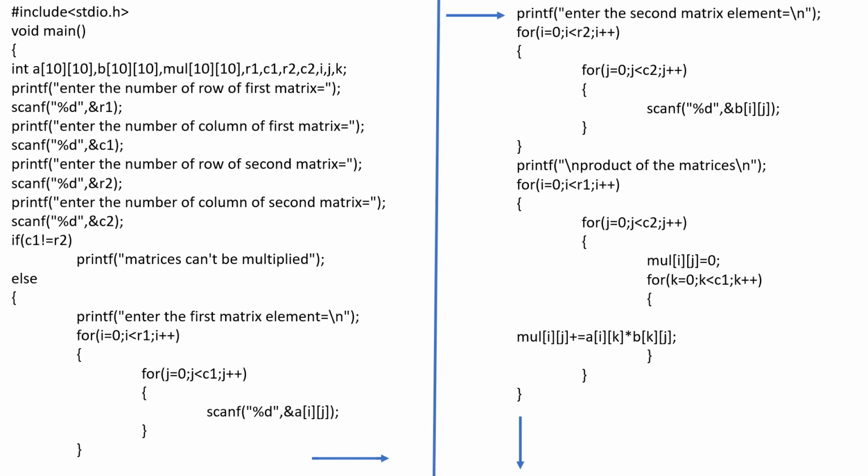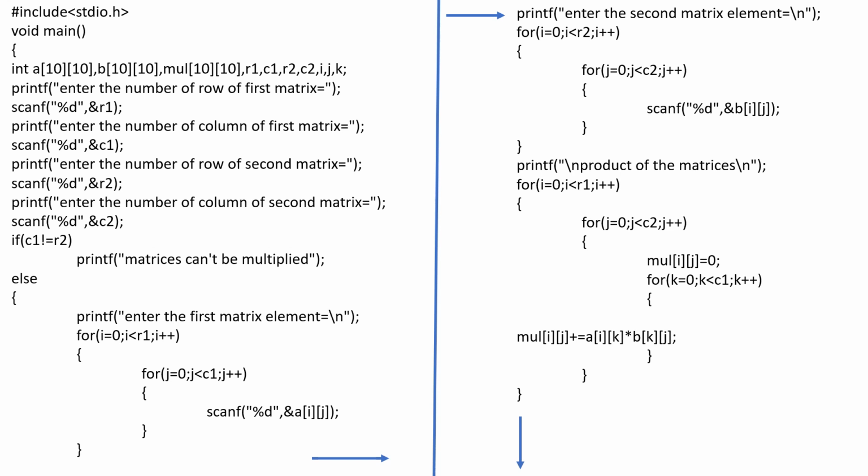In the multiplication part, we are using 3 loops. First the i loop is used for varying rows and the j loop is used for varying columns. In the k loop, we are finding each element of the resultant matrix.